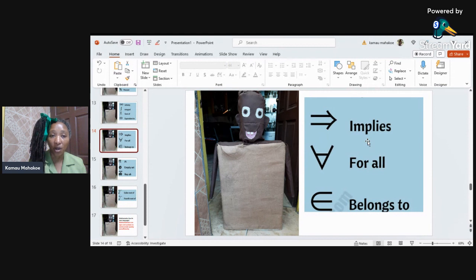And when you're doing your working out in mathematics, it is best that you write it as if you're writing a paragraph. What I mean by that is, when you're showing your working out step by step, you use symbols like therefore, this implies that, and so on.